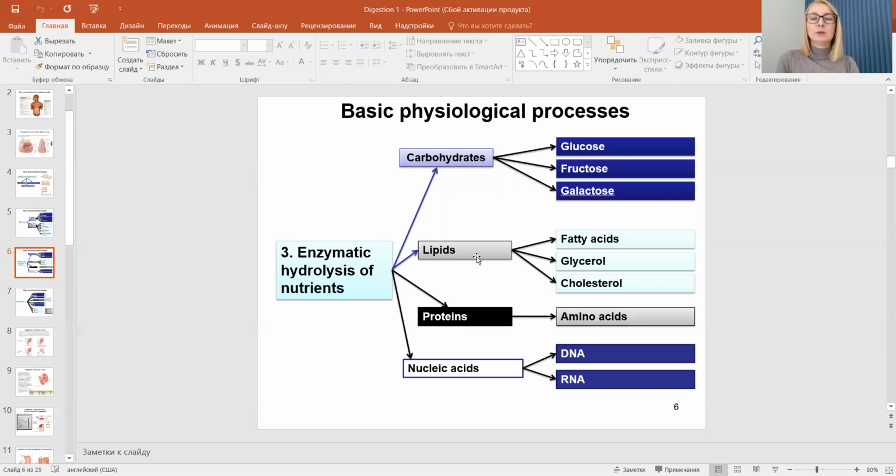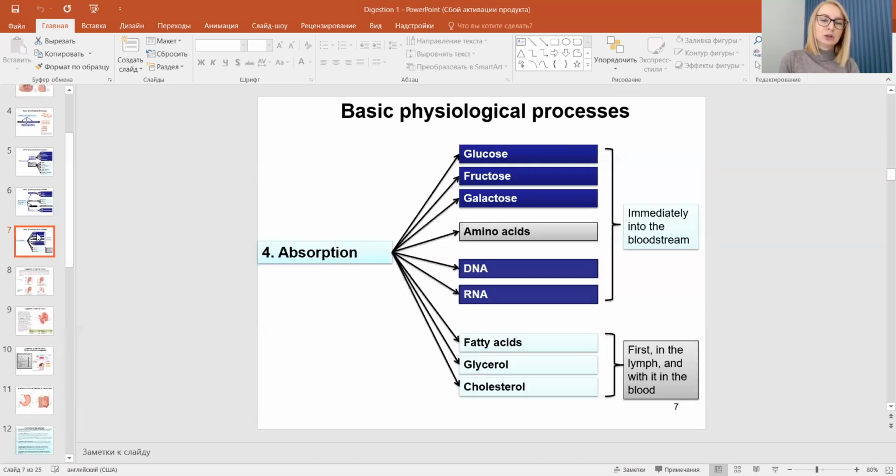And the third one, most dietary fats or lipids are in the form of triglycerides, which are neutral fats, each consisting of a glycerol with 3 fatty acid molecules attached. During digestion, 2 of the fatty acid molecules are split off, leaving a monoglyceride, a glycerol molecule with 1 fatty acid molecule attached. Thus, the end products of fat digestion are monoglycerides and fatty acids, which are the absorbable units of fat.